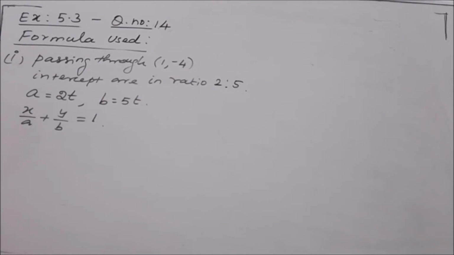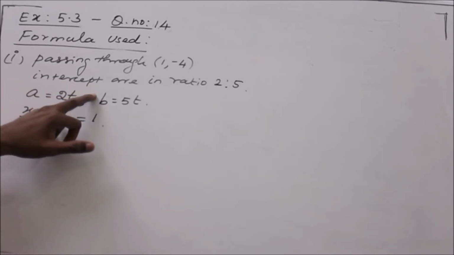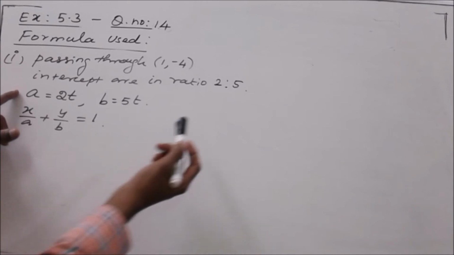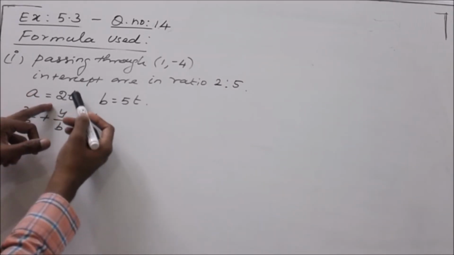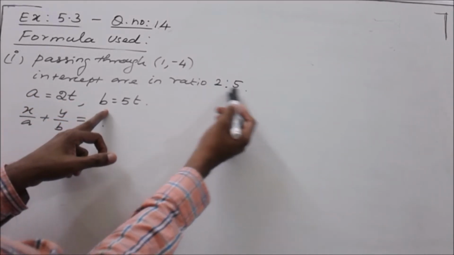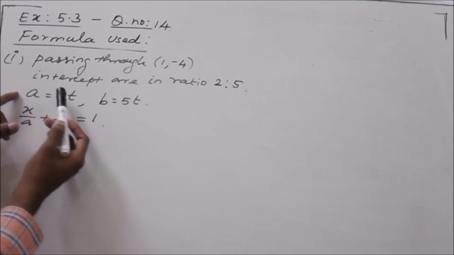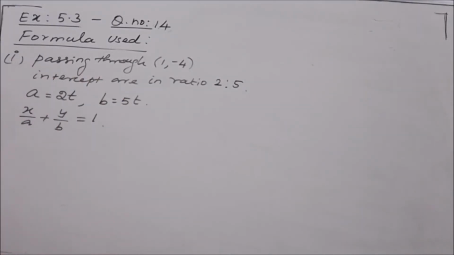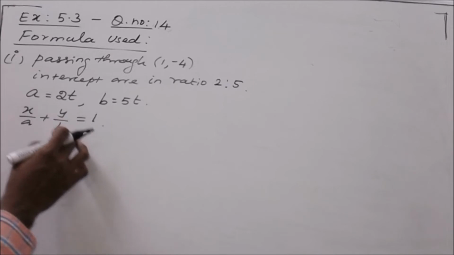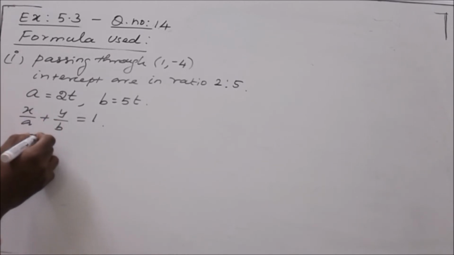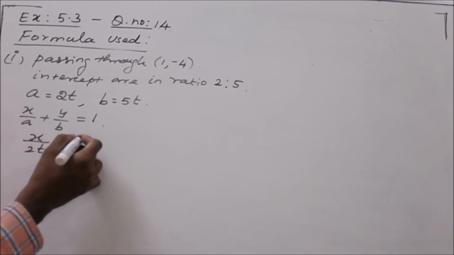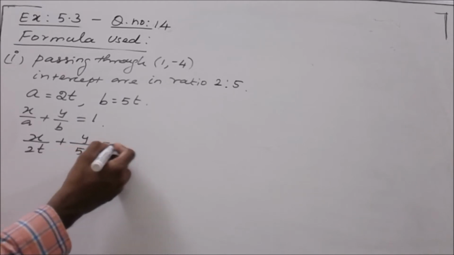Let the x-intercept be a and the y-intercept be b. So a is 2 times some constant, and b is 5 times it, so take them as 2t and 5t. Now substituting, we have x by 2t plus y by 5t equal to 1.